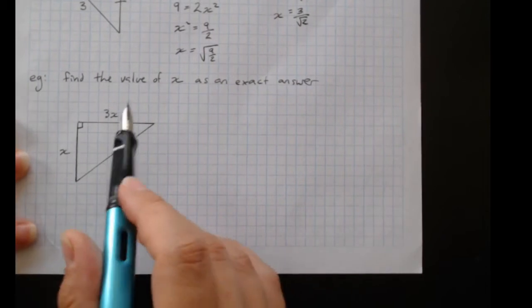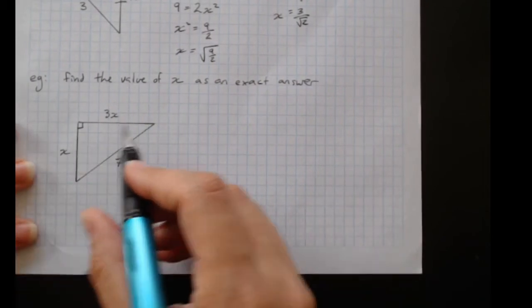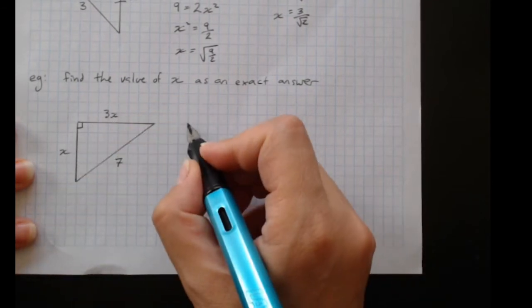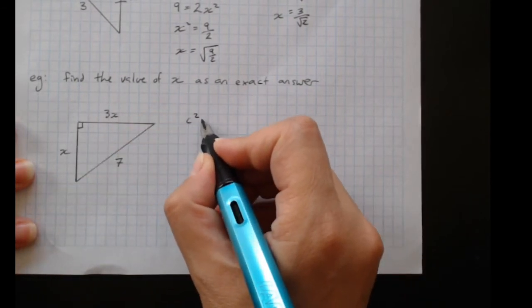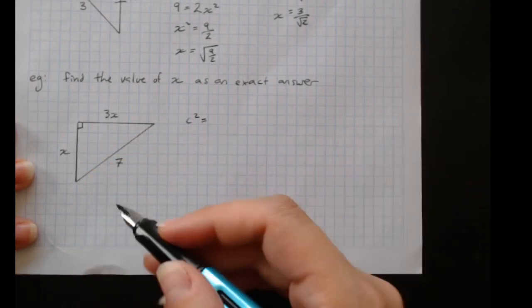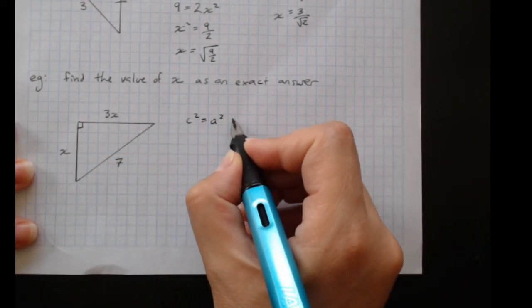And another, find the value of x as an exact answer. And here we've got 2 different values, but still represented in terms of x. Write your formula. Do feel free to give this a try, and then come back to see how you did.